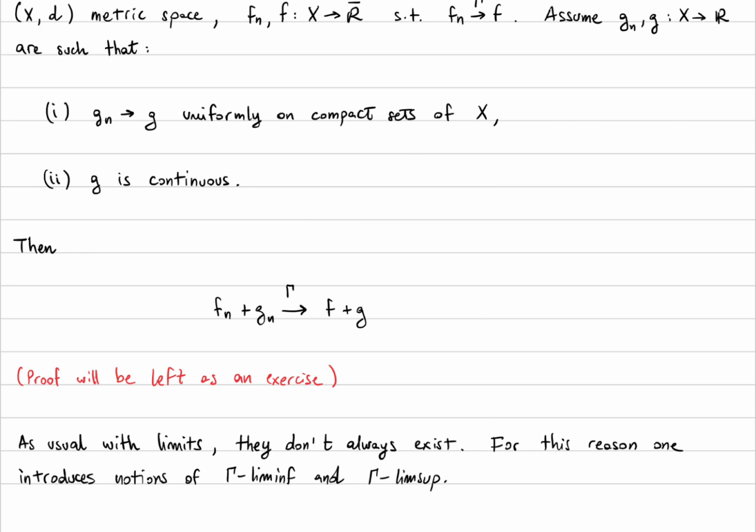So for this reason, it is useful to introduce gamma lim-inf and gamma lim-sup, which are objects which are always defined, as it is true for lim-inf and lim-sup of sequences in R.